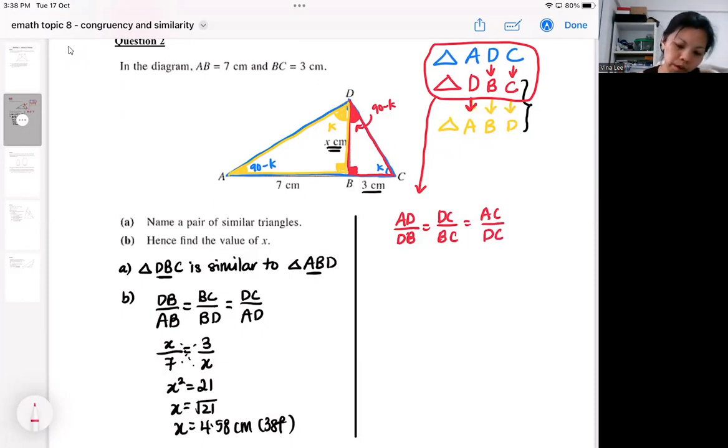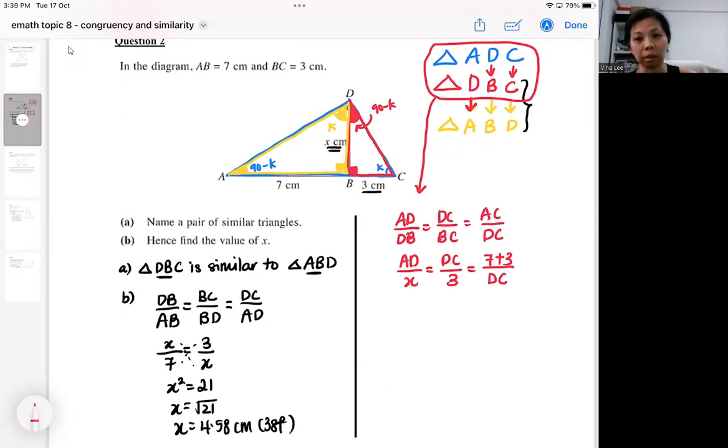Here I don't have AD. I have DB. DC, I also don't have. BC, I have. So after I write out the ratio, I fill in whatever I can find. AC will be 7 plus 3. And then DC will be also nothing. So you realize that in this case, it seems not very possible for you to find X.